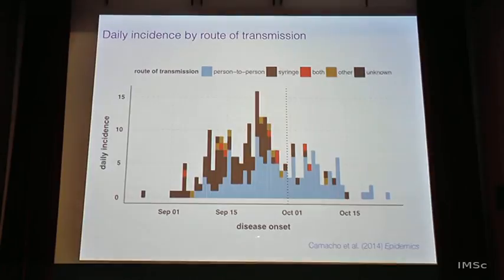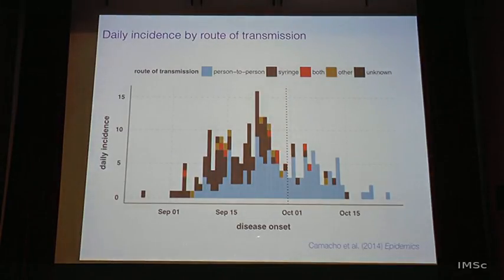And now if I look at the time series, which is like this, and I map the route of transmission on the time series, I can see that at the beginning of the outbreak it's mainly syringe contamination that happened, whereas in the second part and in the last part, it's mainly person-to-person.